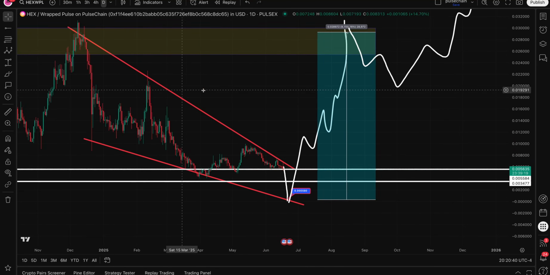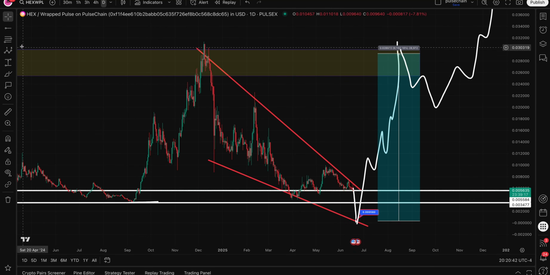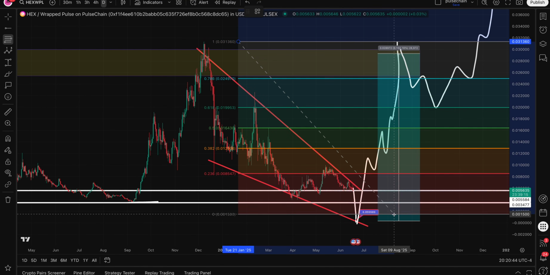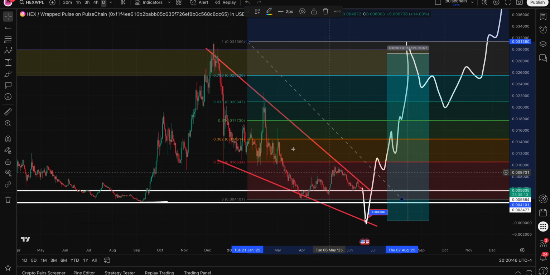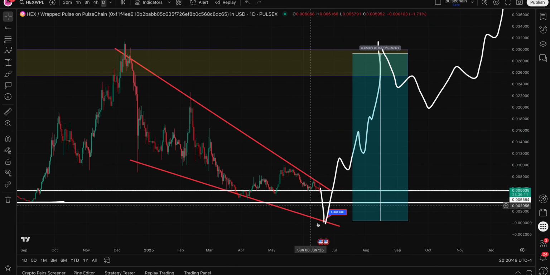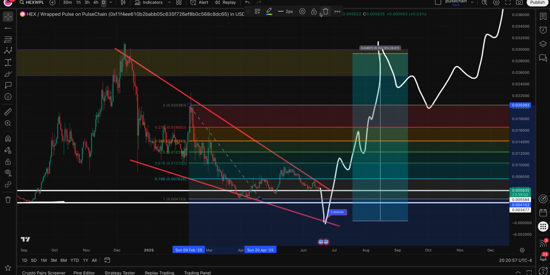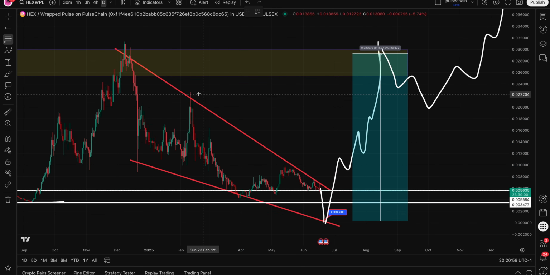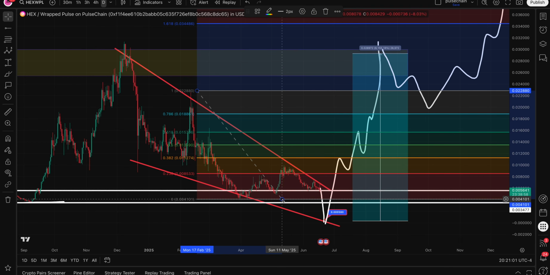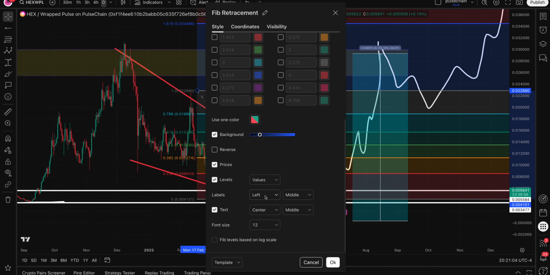So all I would want to see going forward is just a push. In order to invalidate more downside, what we would need to see going forward is a push above this level right here. I'll show you guys.